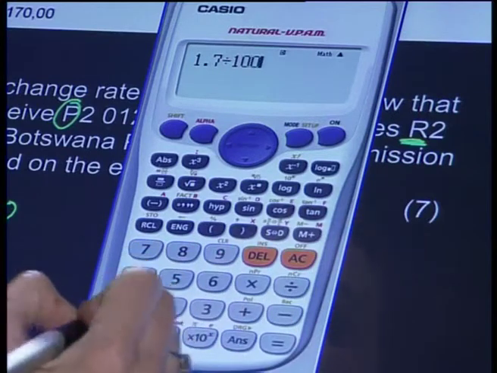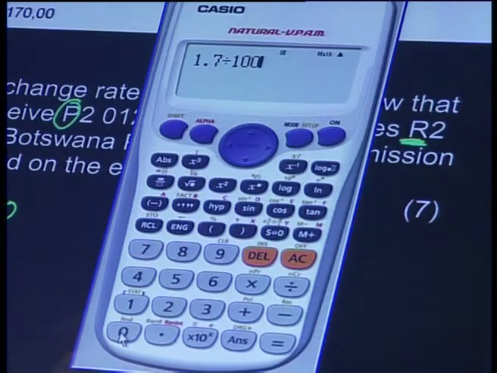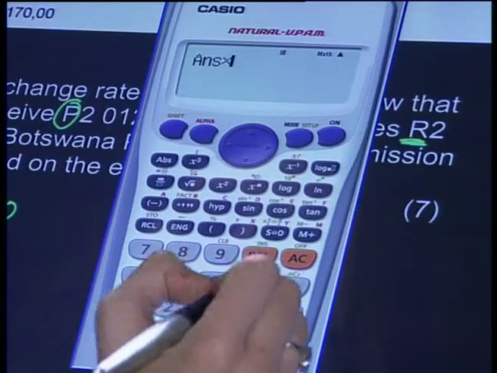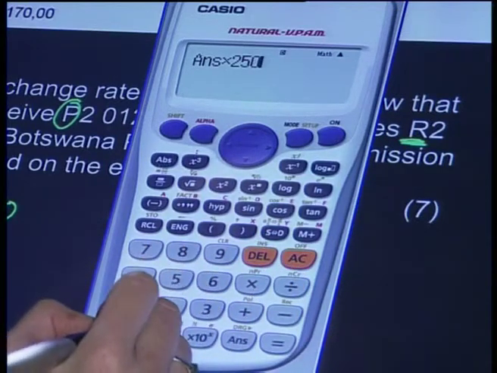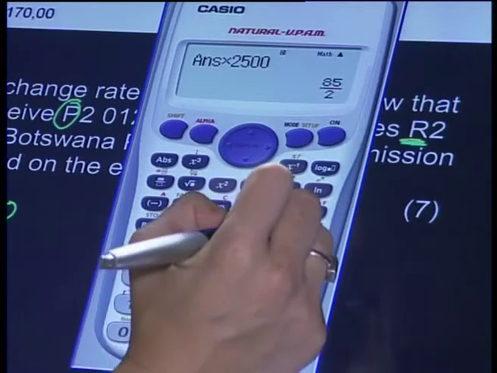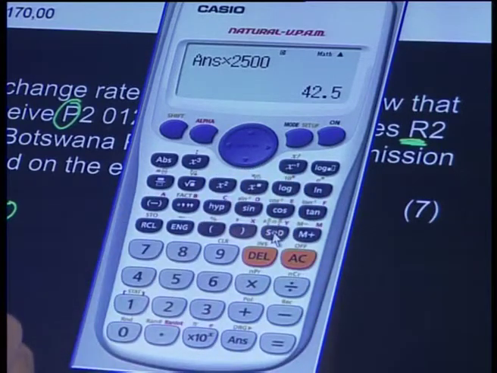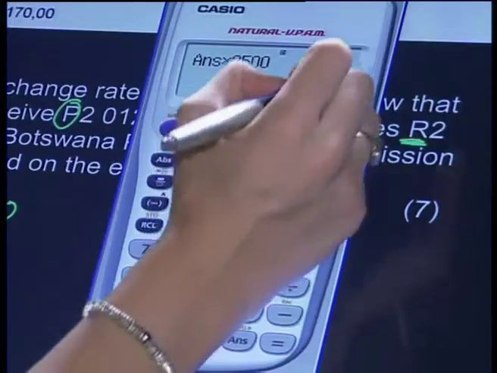Let's work it out. 1.7, and we turn it into a percentage by dividing by 100, and it is 1.7% of 2,500 equals. Change it into rands. Ooh, 42.5 Rand.